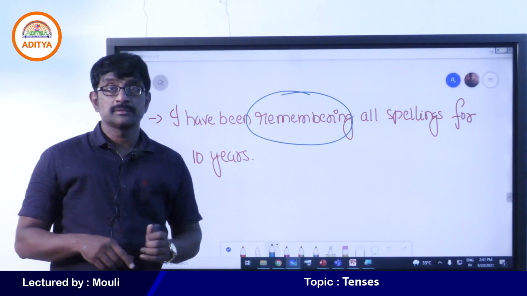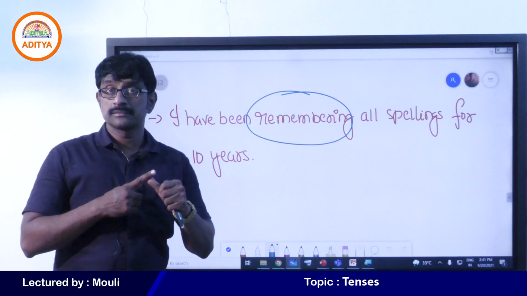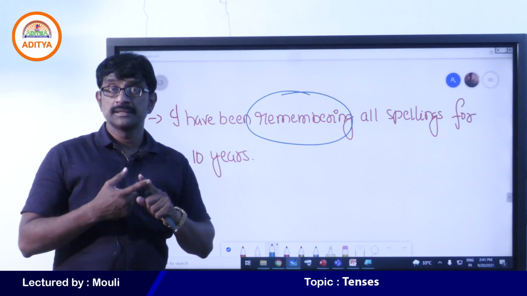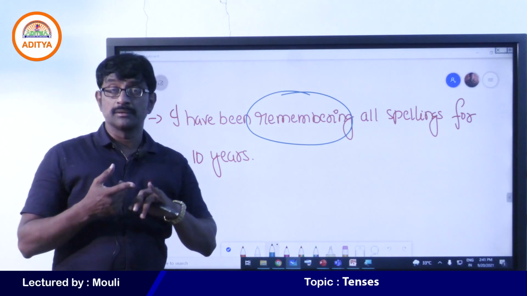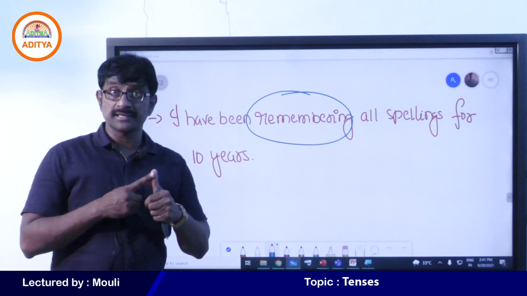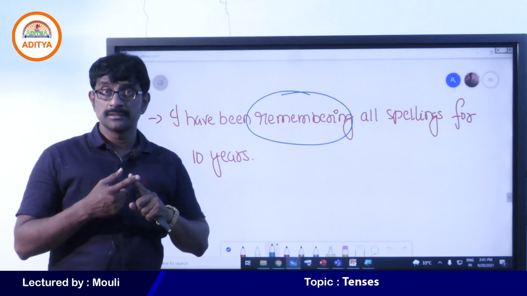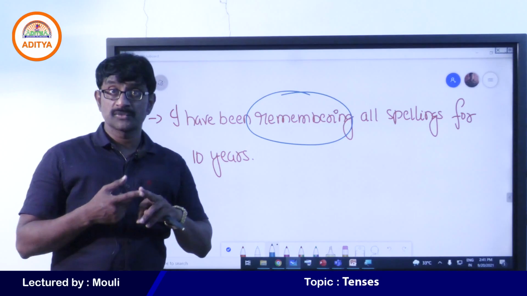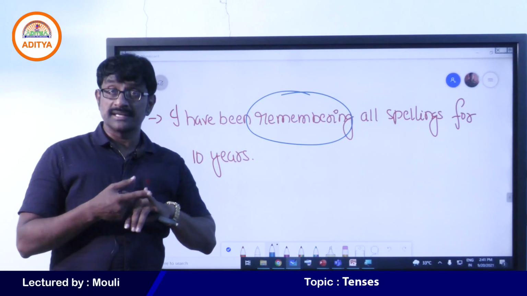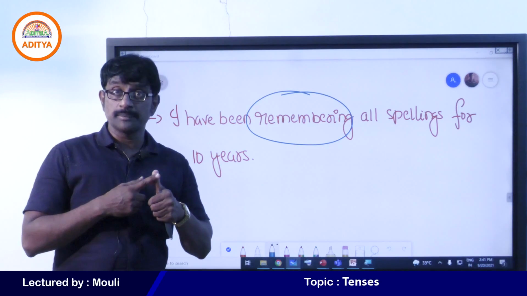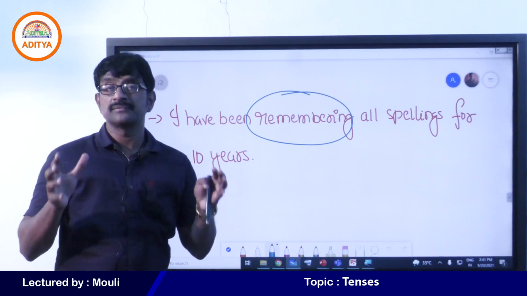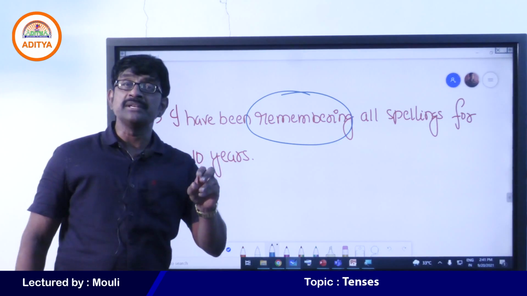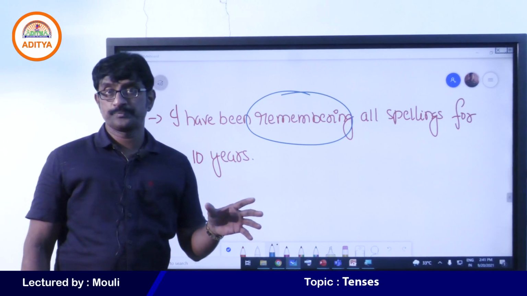Okay? I already told you: see, hear, taste, smell, remember, forget, like, hate, love, consider, describe, belong, own, these kinds of verbs cannot be used with ing form.